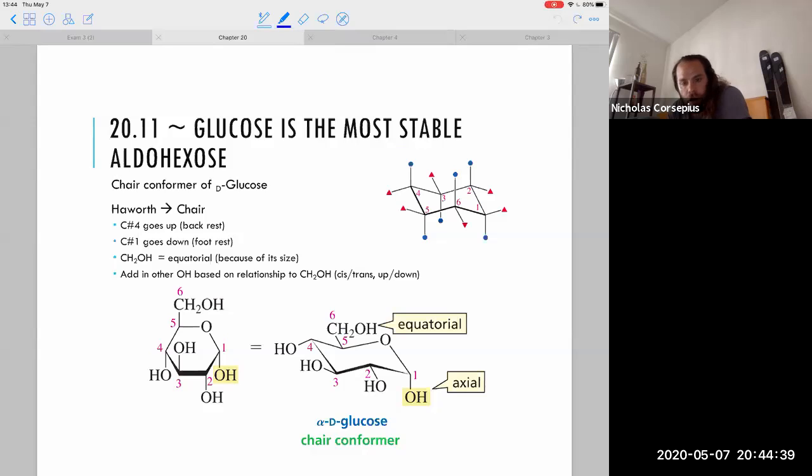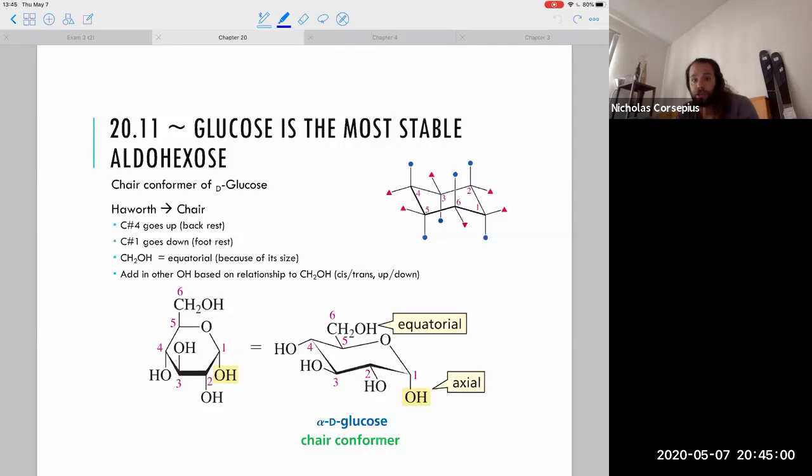The purpose of the Haworth isn't to show actual arrangements of atoms in space, right? It doesn't convey a correct 3D image. It just helps you figure out what sugar you're talking about quickly, right? So the Haworth to the Fischer, or the Fischer to the Haworth is meant to be an easy process.